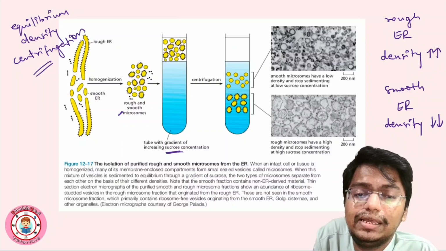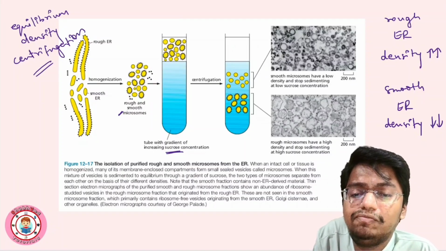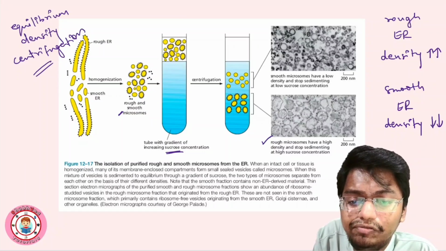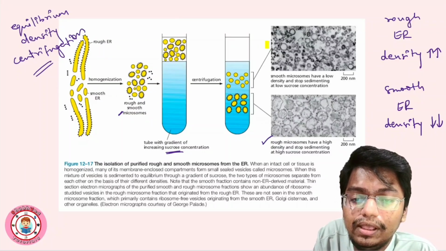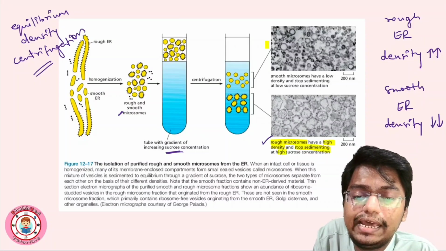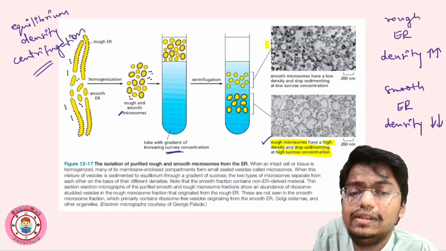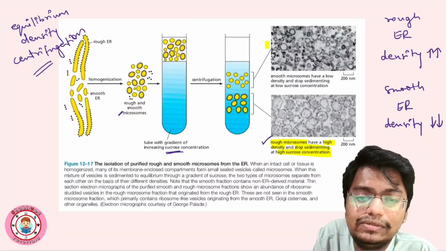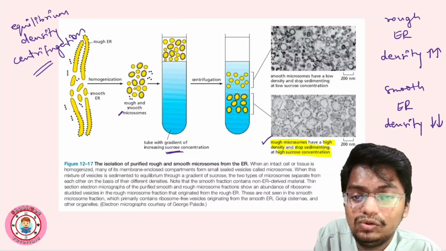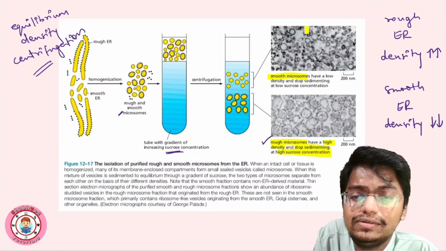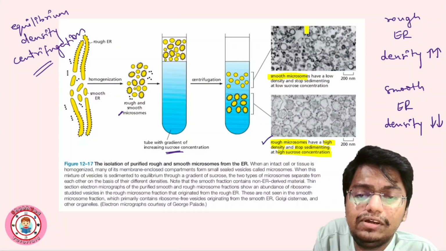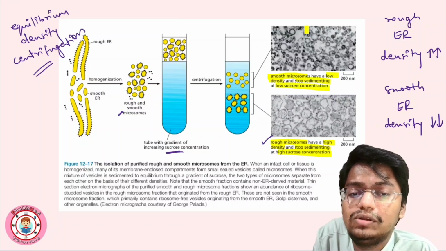What settles at the bottom because of density, the high density ones, will be rough microsomes. Rough microsomes have high density and stop sedimenting at high sucrose concentration. Sucrose is higher at the bottom, so at the bottom we get rough microsomes, and at the top we get smooth microsomes, having low density, which stop sedimenting at low sucrose concentration.